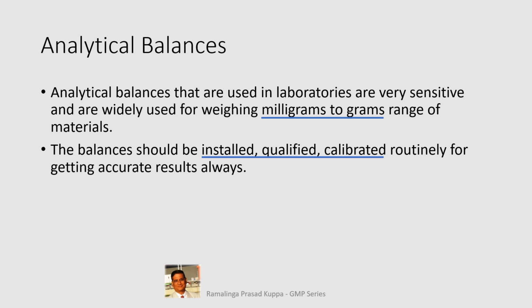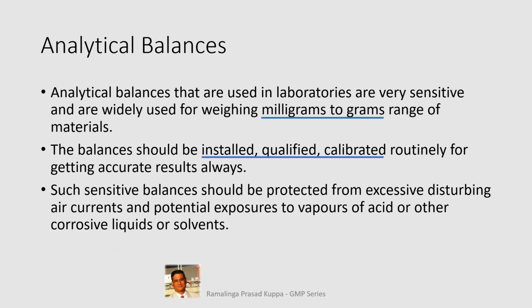As a rule, any equipment used in the manufacturing should be qualified for its performance as required. So, the analytical balance must be installed properly as per requirements of installation, and qualified for its operating parameters and performance for the entire range of operation. Routinely, the balance should be calibrated for the entire usage range.